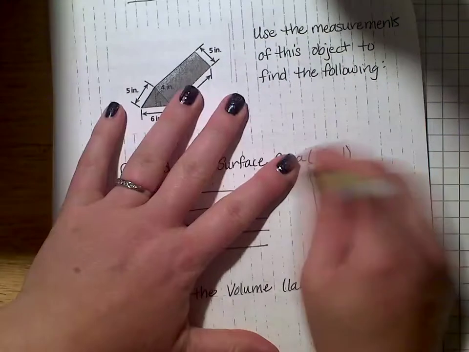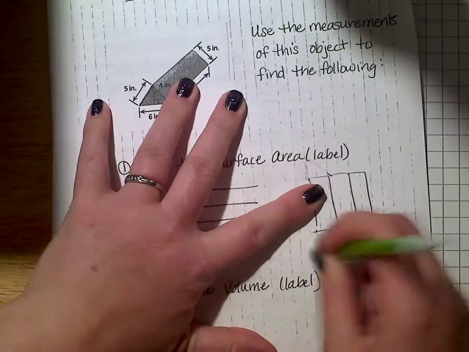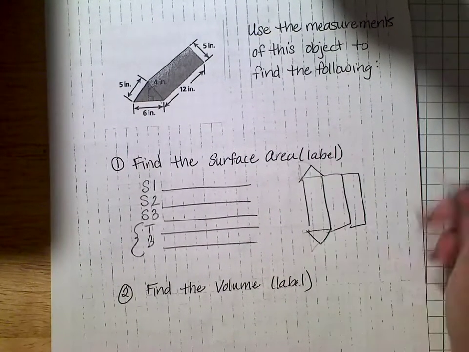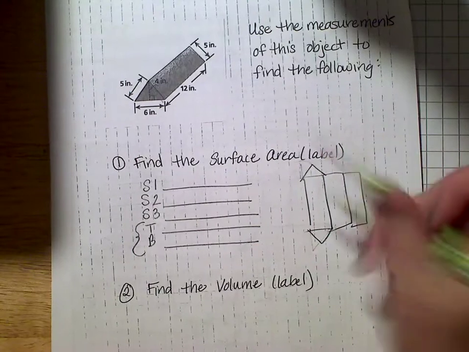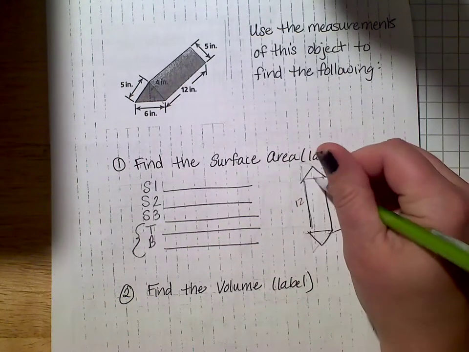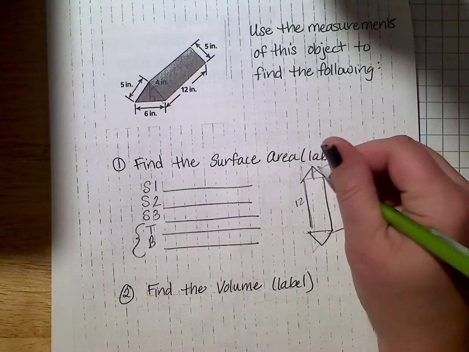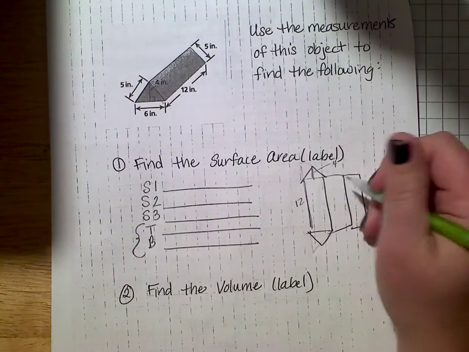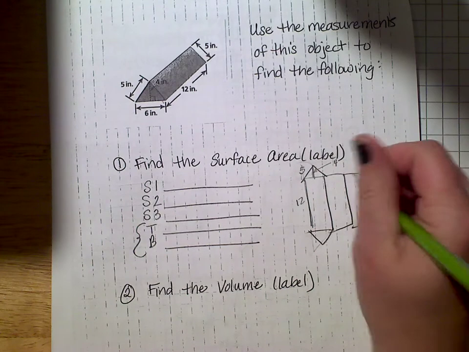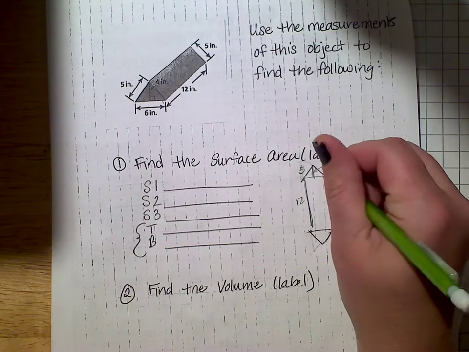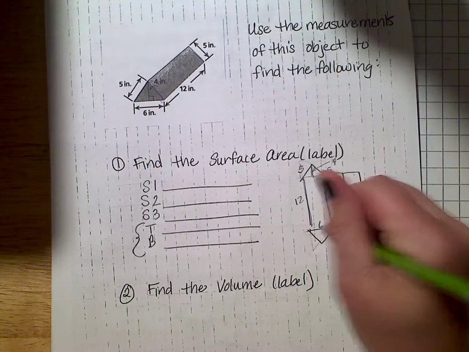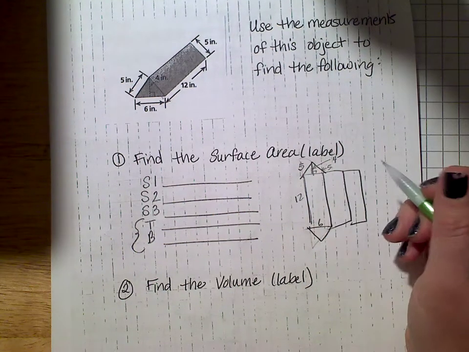So the length is 12. And then our height right here is 4. And then we have a length of 5 on this side, and then the base is 6, because that's where the right angle comes off of.